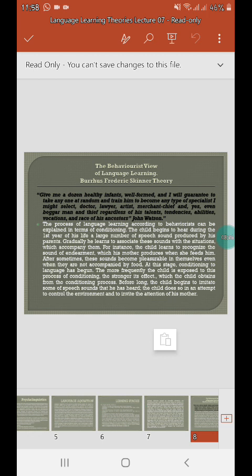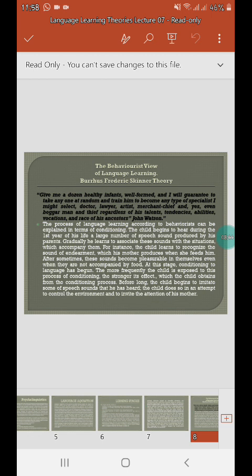Behaviorist theory is the belief that children develop language based on parents rewarding proper use of language and discouraging improper use. The process of language learning, according to behaviorists, can be explained in terms of conditioning.